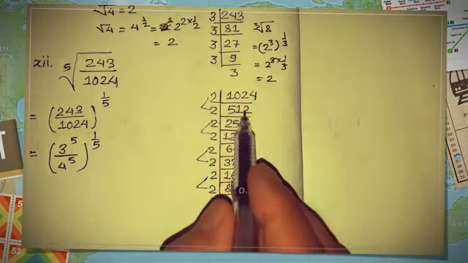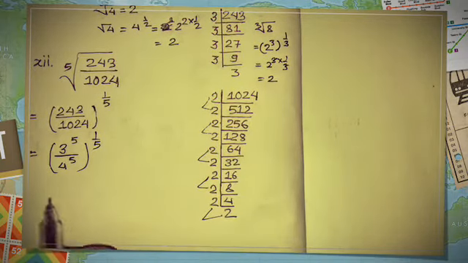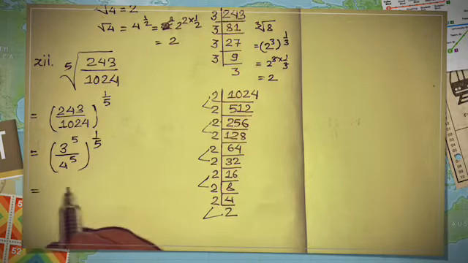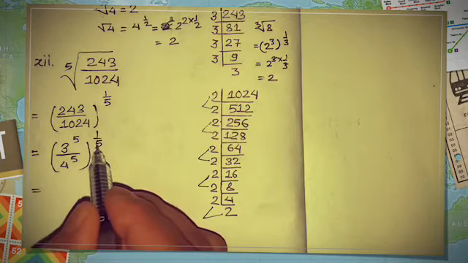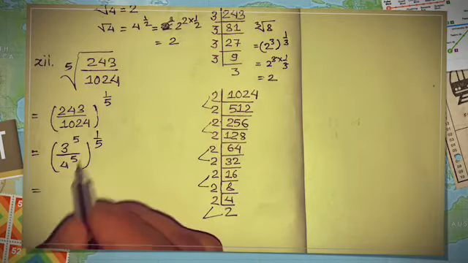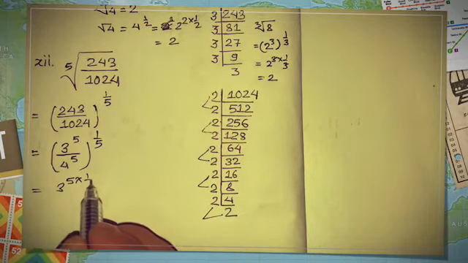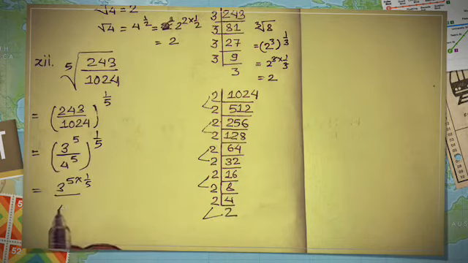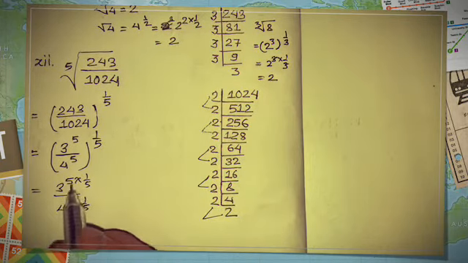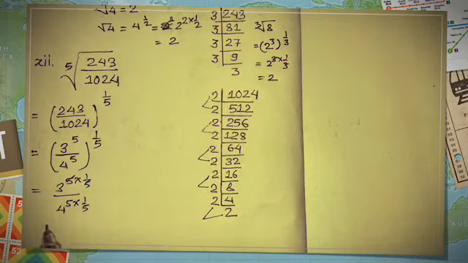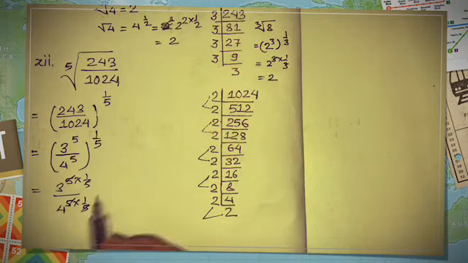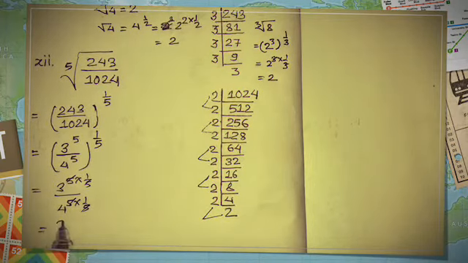For this you have to do prime factorization. And here now 1 by 5 is the power of this whole term. So 1 by 5 belongs to the numerator also, and to the denominator also. In the numerator it cancels, in the denominator it cancels, so we have here 3 by 4 as the answer.